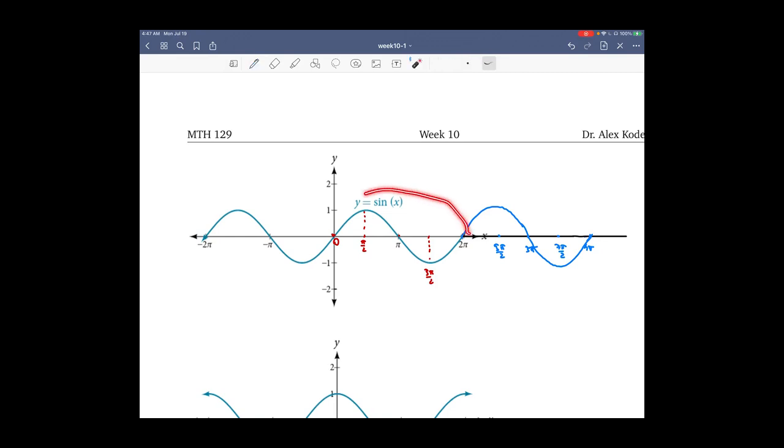And now if we copy paste that piece to the left, we'll get that piece where this here is negative pi over 2, this is negative pi, this is negative 3 pi over 2, this is negative 2 pi. Next will be, of course, negative 3 pi, and this will be negative 5 pi over 2.